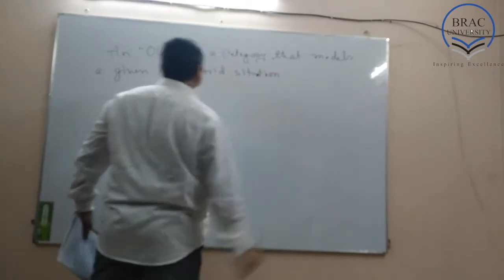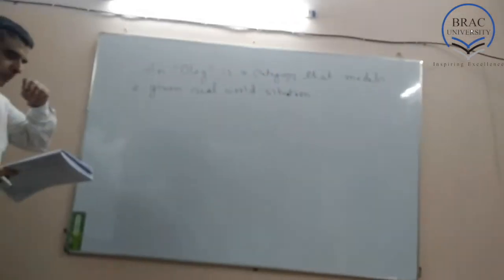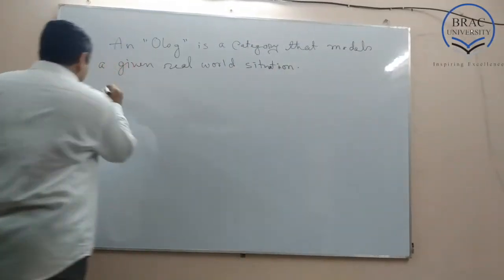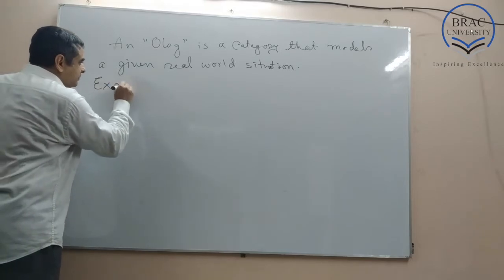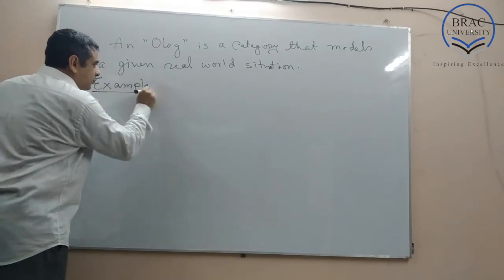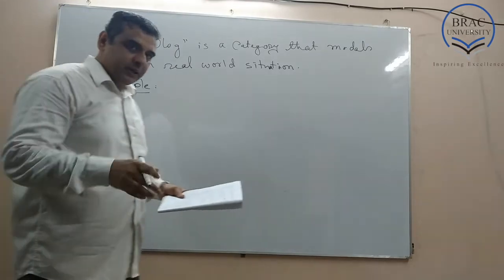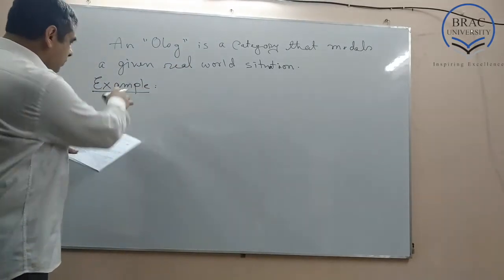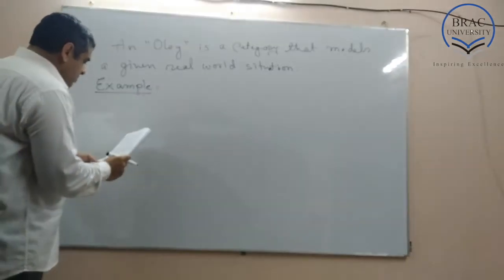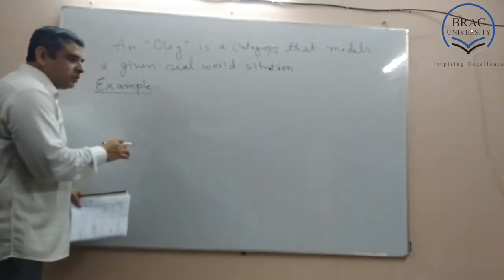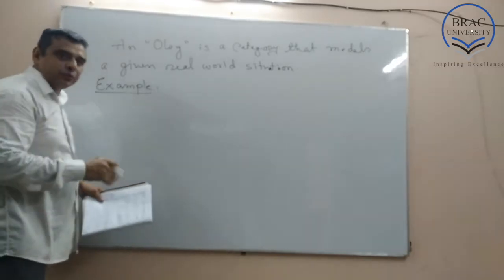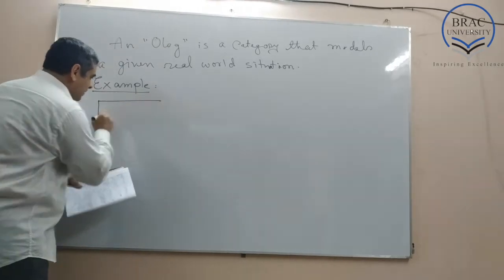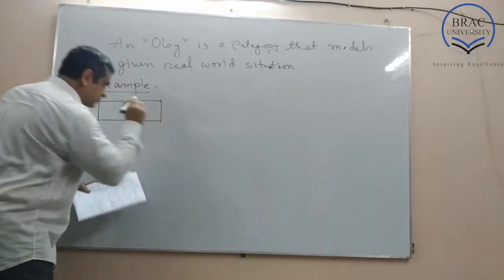So I'll provide you with an example of an Olog. Okay, let me draw the Olog first. We'll study this example of Olog a bit first. So I'm trying to label a box with some text. The meaning of these labels will be clear in a while.